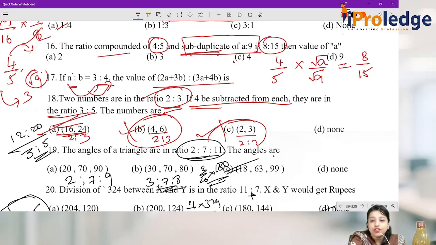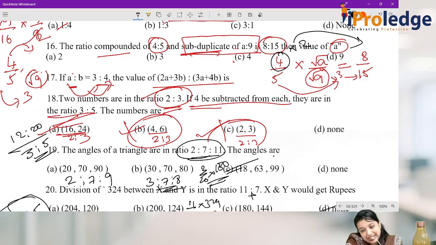Now you have to find the value of a. Square root of 9 is 3, and 5 multiplied by 3 gives 15. Now check: 4 is multiplied by 2, so we are getting 8 as the value. That's correct.